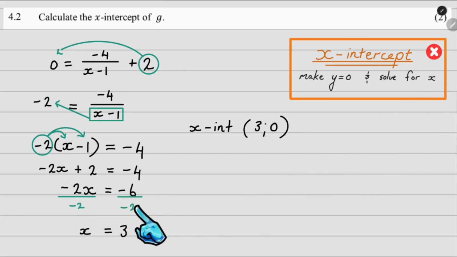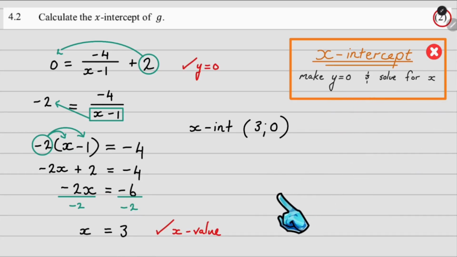Lastly, we just have to divide both sides by negative 2 to get rid of this negative 2, and negative 6 divided by negative 2 is positive 3. Finally, we have our x-intercept to be (3, 0). X value of 3, y value of 0. The 2 marks come from making y 0 over there, and the correct x value at the end of the day.